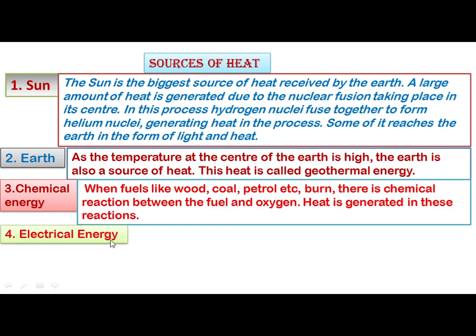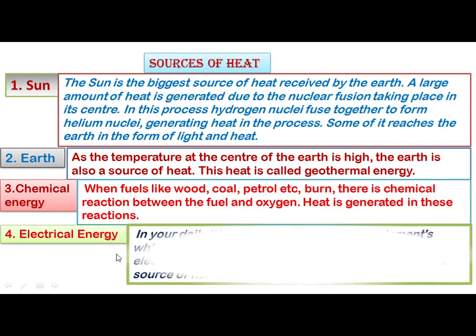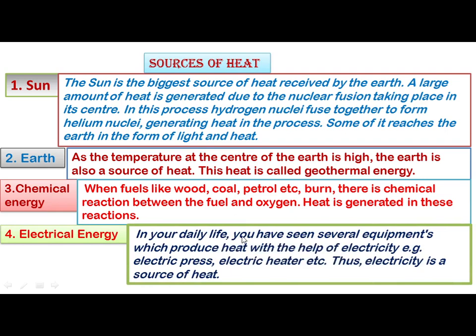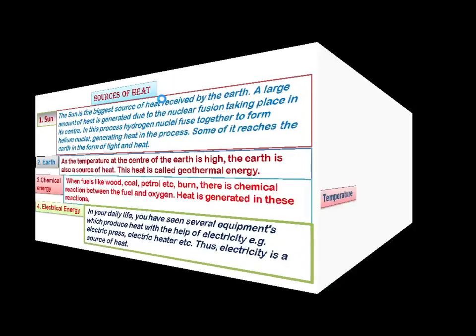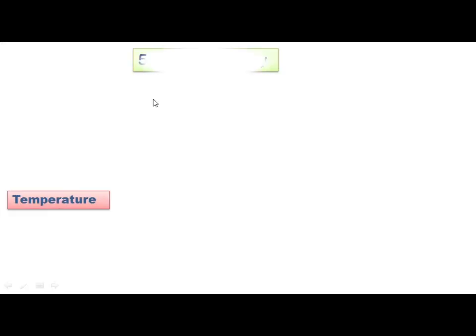4th, electrical energy. In your daily life, you have seen several equipments which produce heat with the help of electricity. Example, electric press, electric heater, etc. Thus, electricity is a source of heat. 5th, atomic energy.